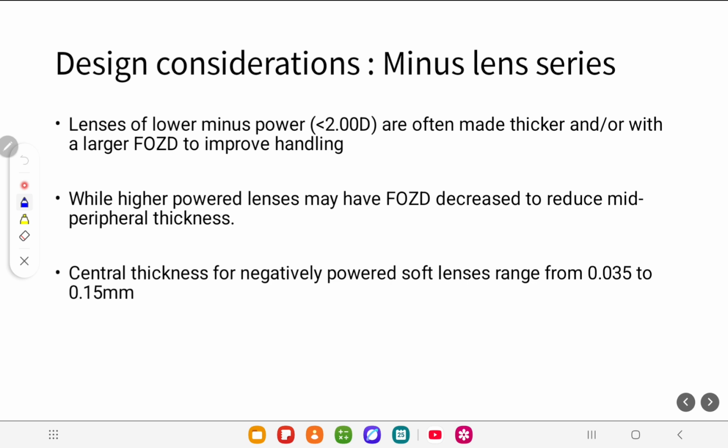You have to understand that lenses of lower minus power are often made thicker and with a larger front optic zone diameter to improve handling. It's an important point. While with a higher power lens, the front optic zone diameter decreases, because we want the thickness not to be so different from center to periphery.